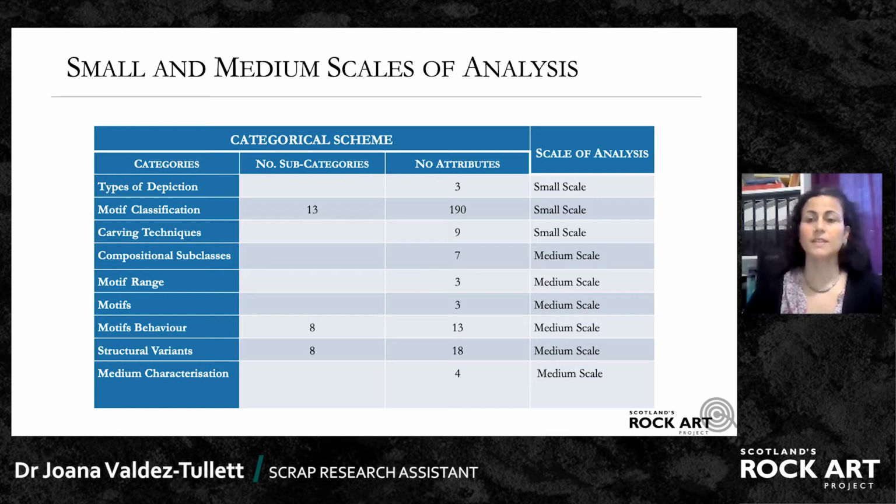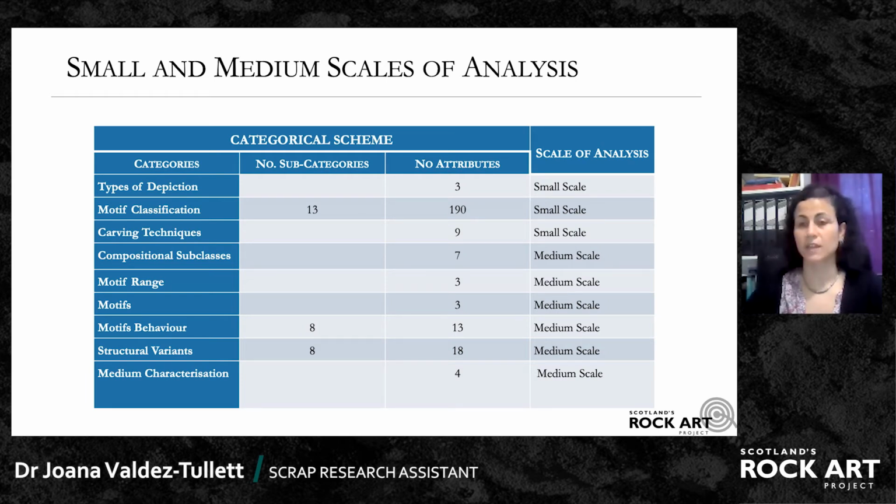So in this table, you can see the main categories on the left-hand side, and each of these were divided into subcategories and each of the subcategories, or some of the subcategories, were then divided further into a number of attributes.